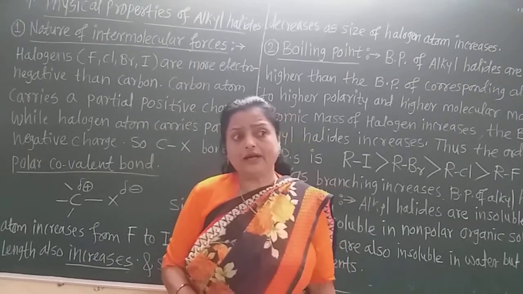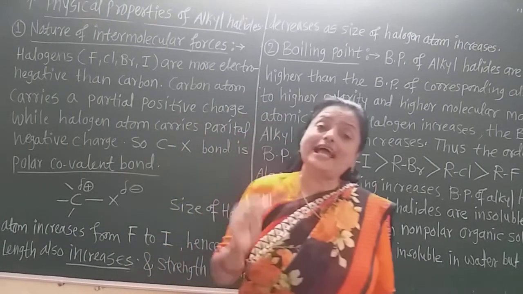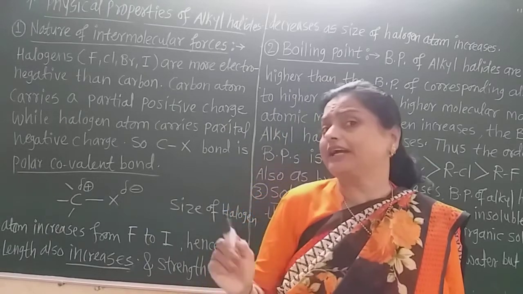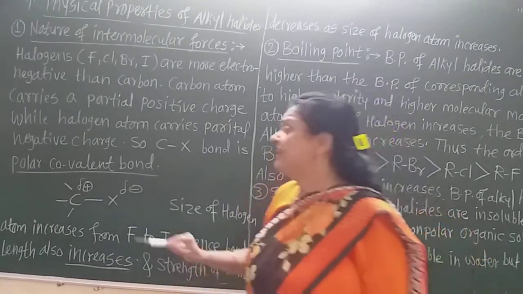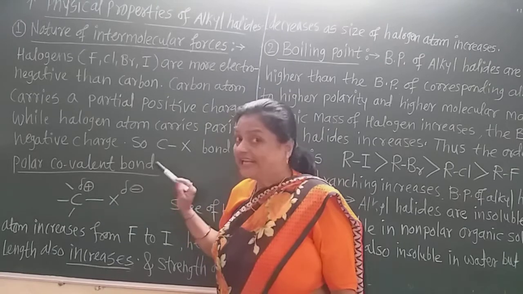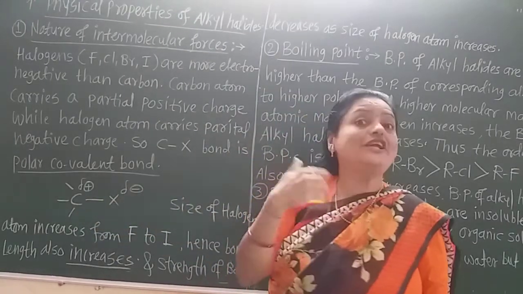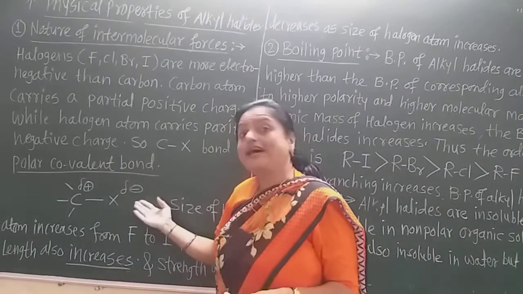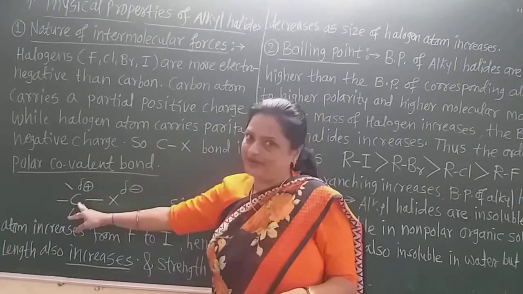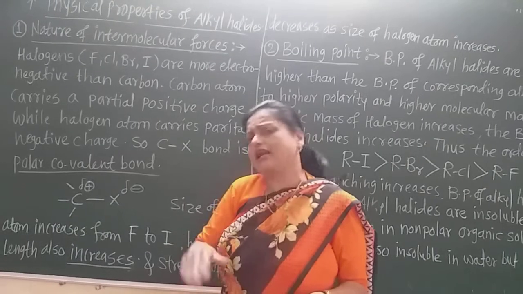Now in an alkyl halide, these halogens are directly attached to the carbon. If we compare the electronegativity of the carbon and the halogen, halogens are always more electronegative than the carbon atom, because the electronegativity of carbon is less.